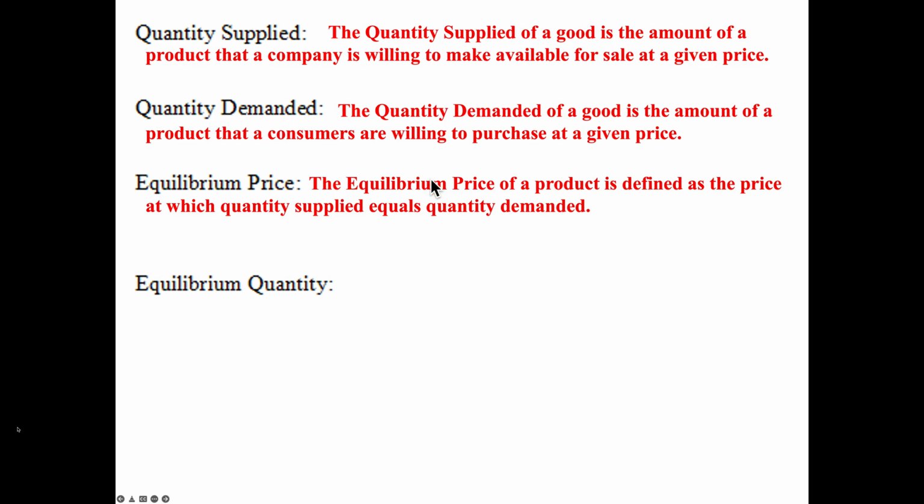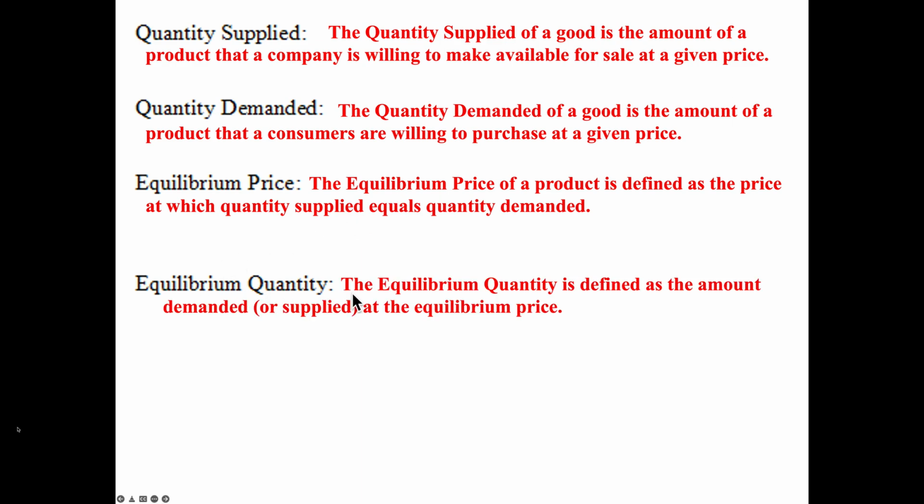So in other words, this is the price where the company is looking for that perfect price so they can sell their entire inventory to get the best amount of revenue. Equilibrium quantity is how much they want to have for inventory to be sold. This is the supply, how much product needs to be created for that equilibrium price.